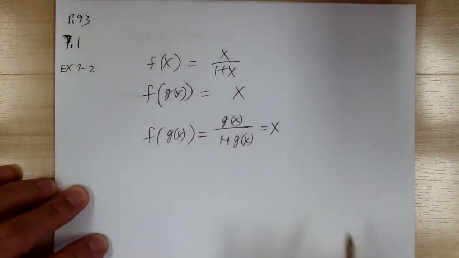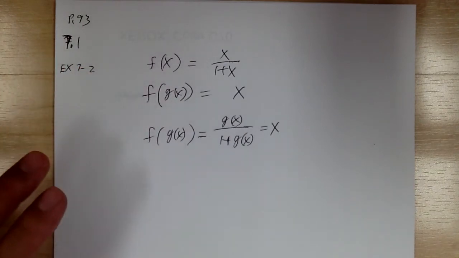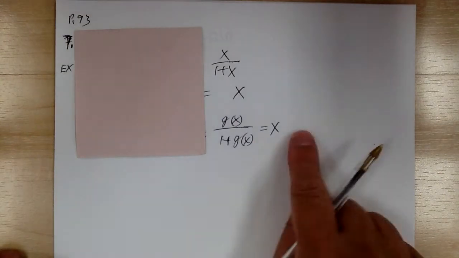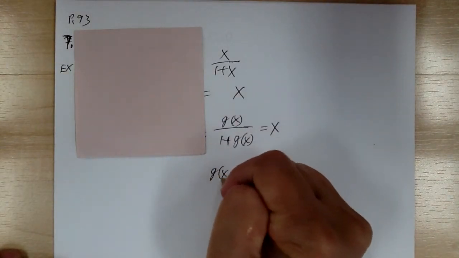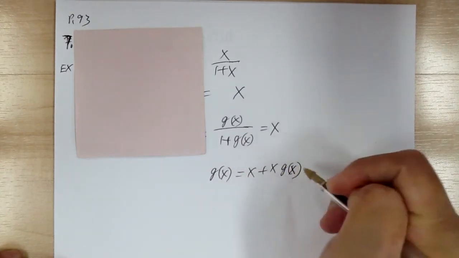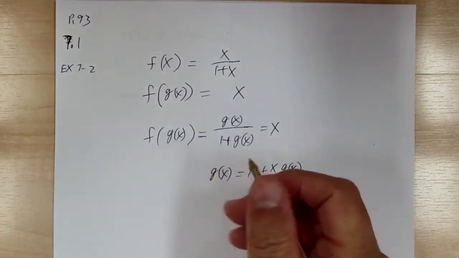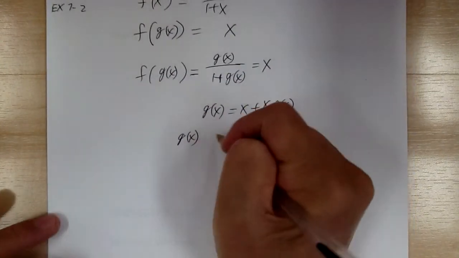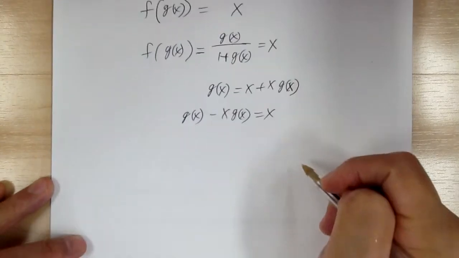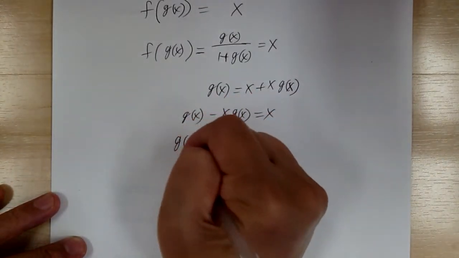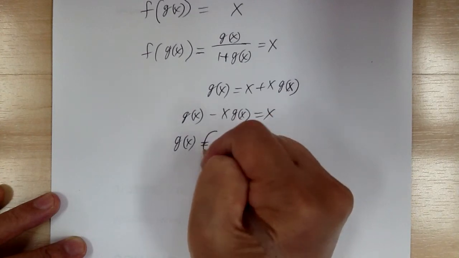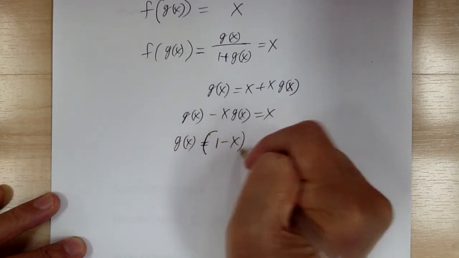So now you can just look at this part over here, and you're going to solve for g of x. If you cross multiply, you get g of x equal to x plus x g of x. And you move this over, so you get g of x minus x g of x equal to x. And you factor out the g of x, so you get g of x times 1 minus x equal to x.